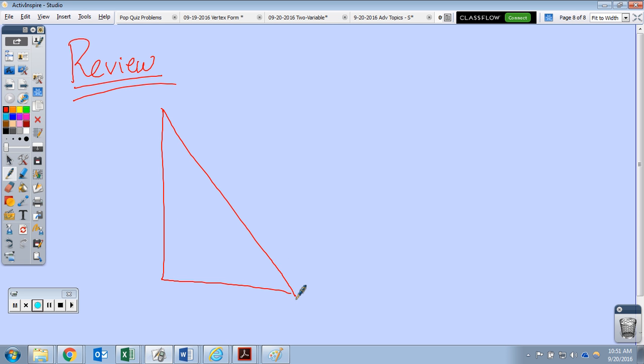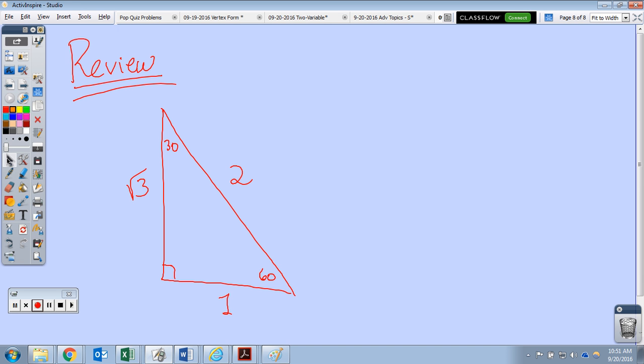So we had a 30-60. The ratios would be, if we let this be 1, this would be 2, this would be root 3. The great thing about these is that with the Pythagorean theorem, if you remember the 1 and the 2, you can figure out this is square root of 3.